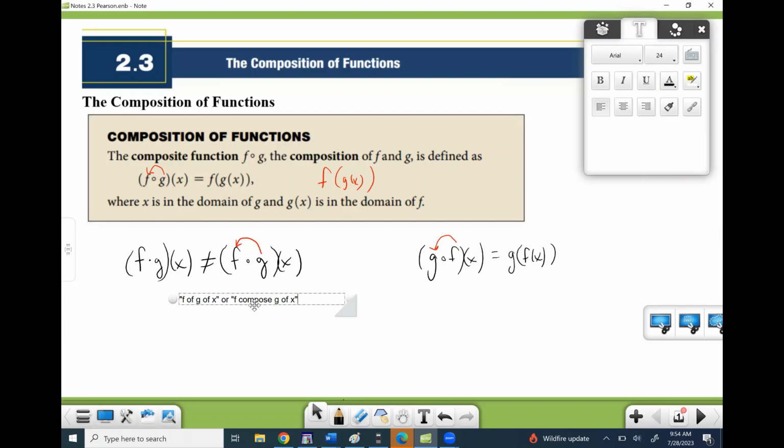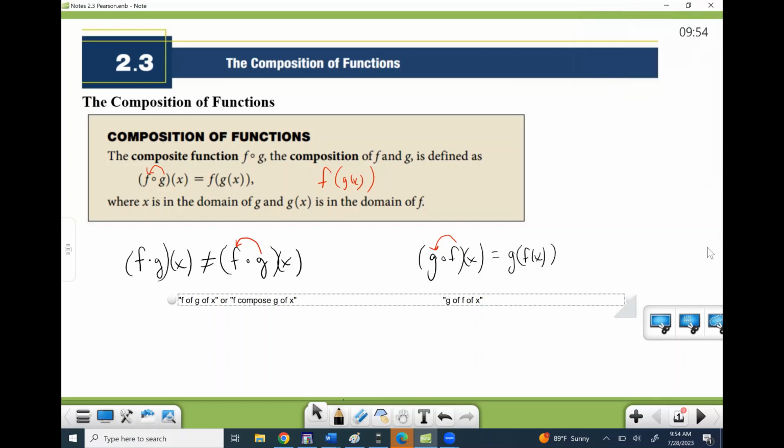F of g of x might be the more common of the two. This one over here on the far right would be g of f of x. So that's how we read these compositions of functions.